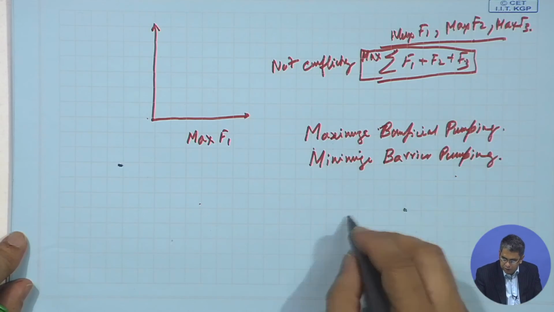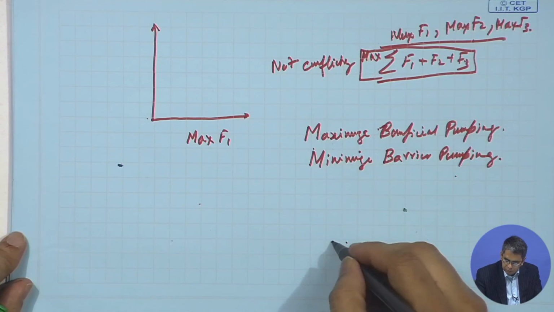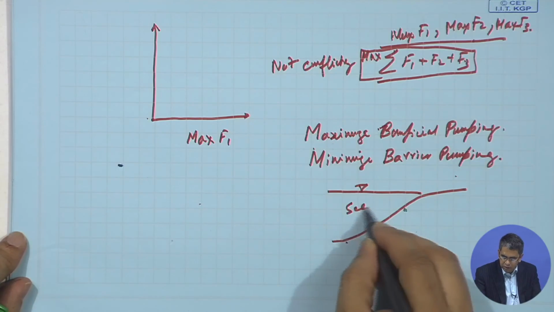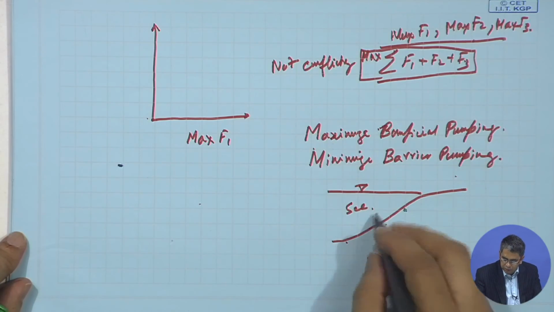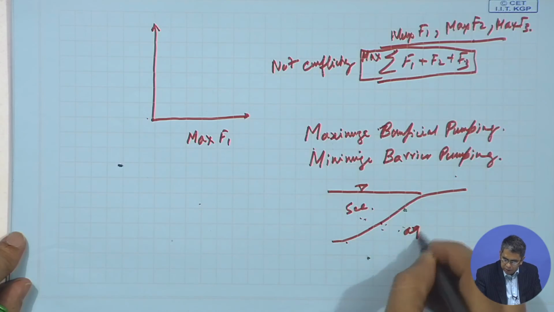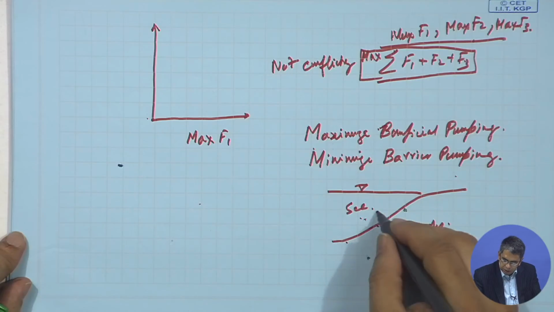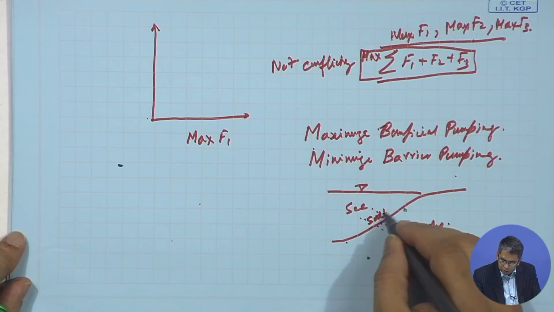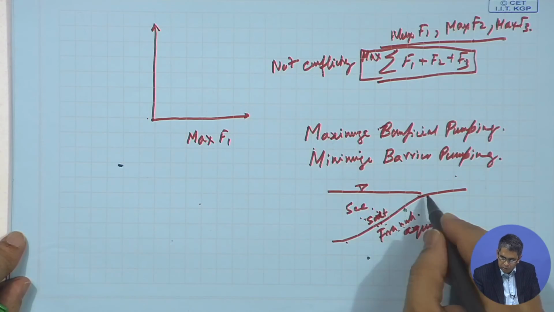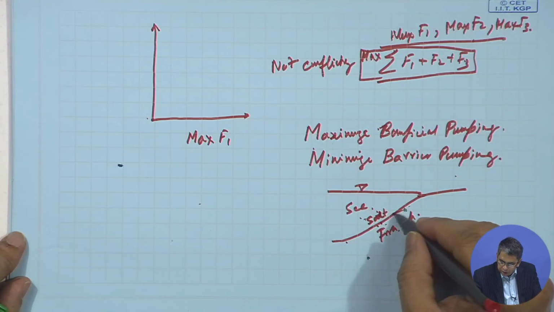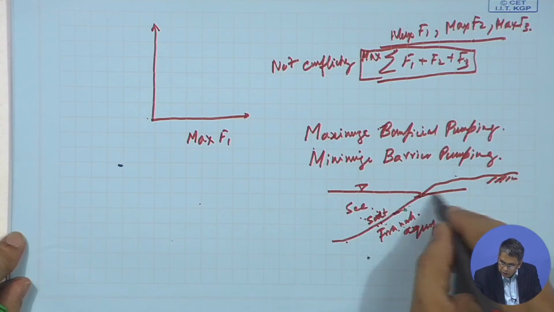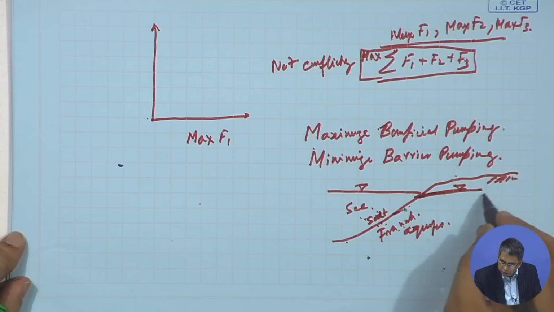Just as an example, this is the sea, this is maybe salty water, sea water, and this may be the aquifer, and the interface between the salty water and this fresh water. The ground surface might be something like this, and the water table is here.